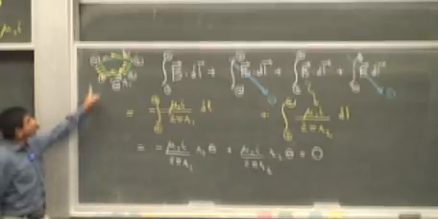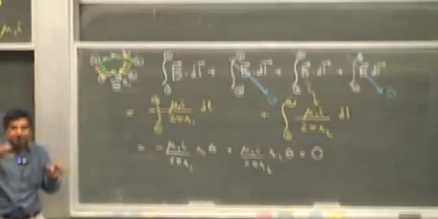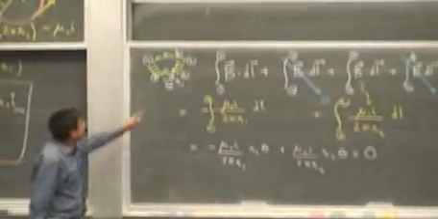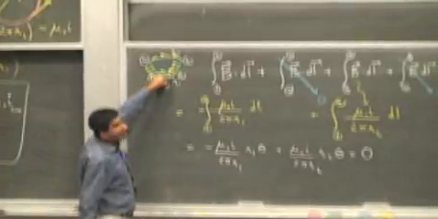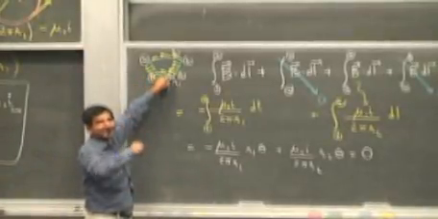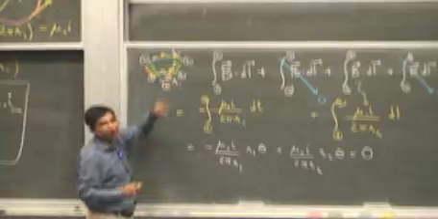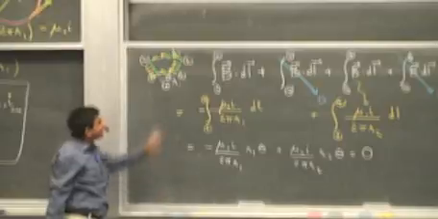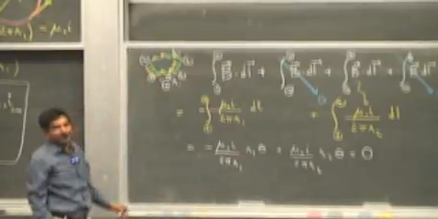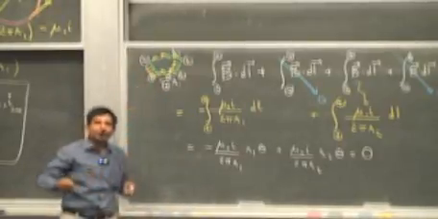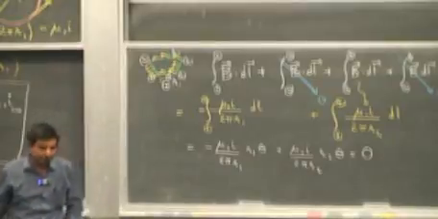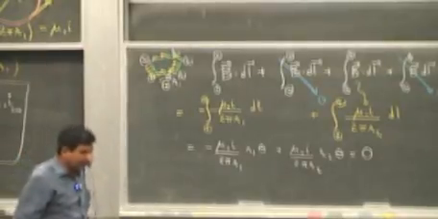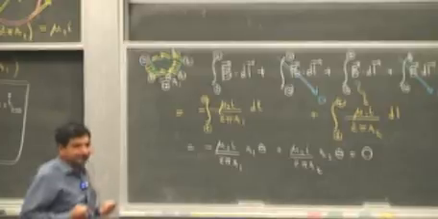So I take this closed path, this special geometrical closed path in which this side is an arc of a circle, this side is also an arc of a circle, and these are along the radius of a circle. I go around the path, and at each point I feel a magnetic field.